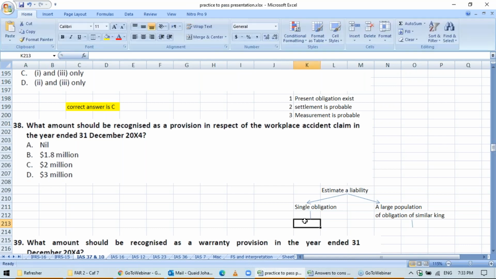One is the case of employee accident, and the second one is warranty provision.